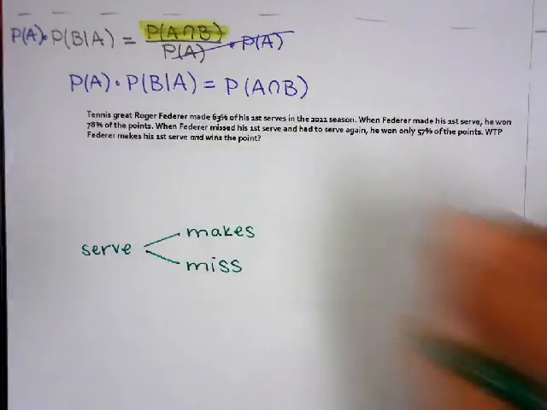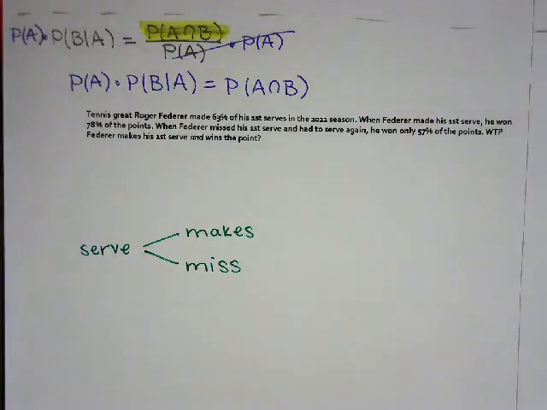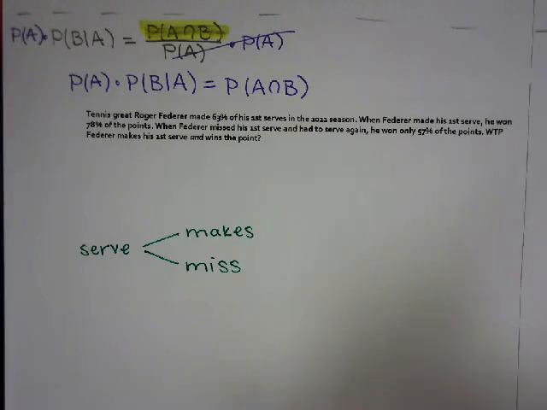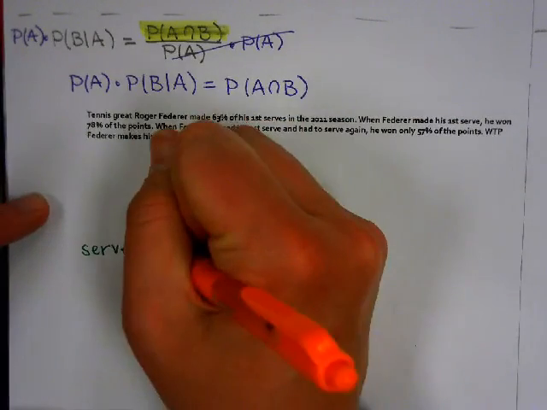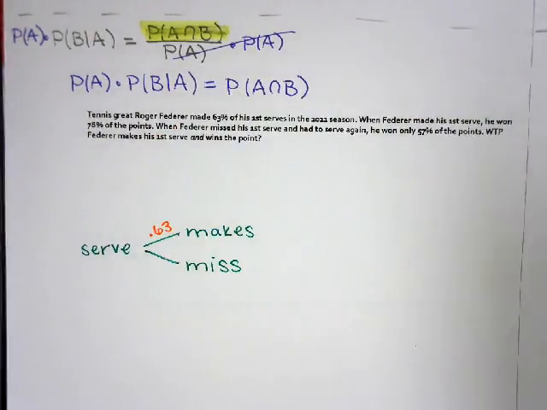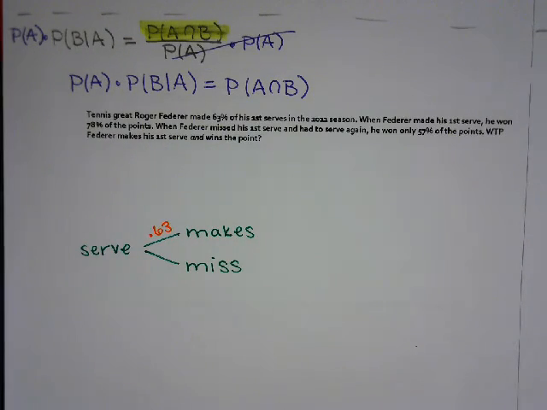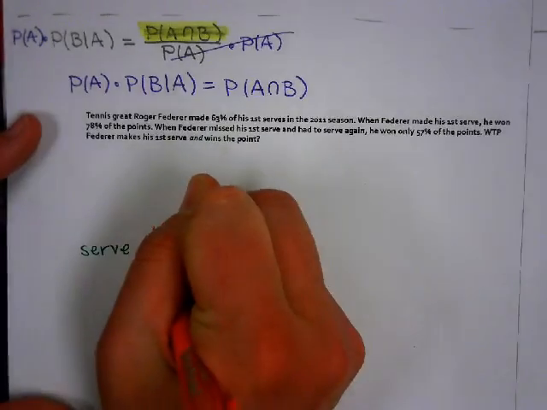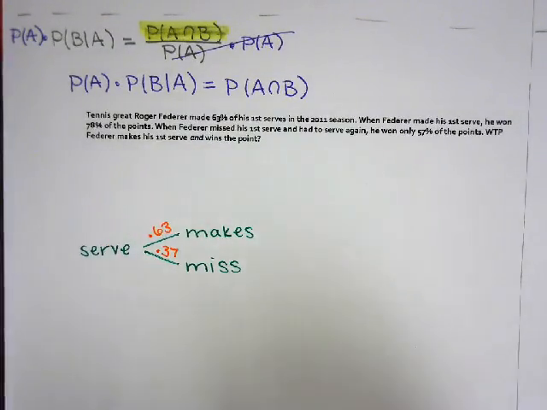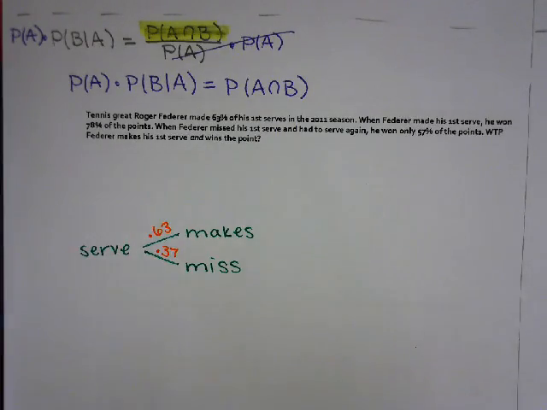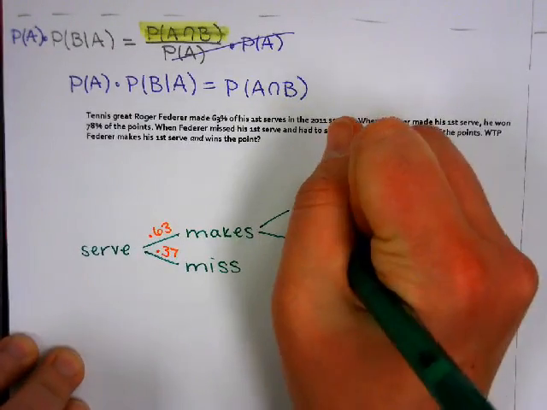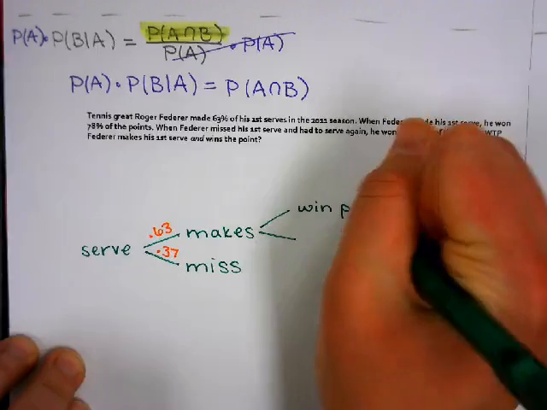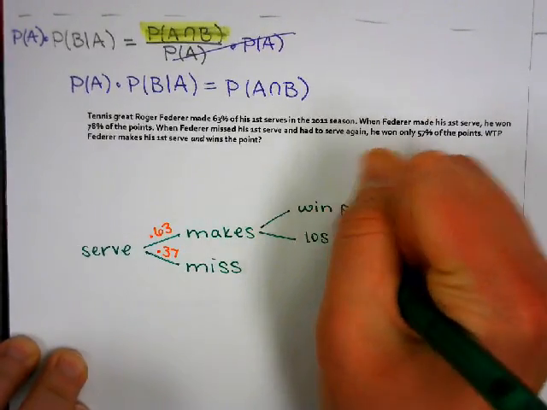He makes it 63%, so the miss is 37. And then the other part is winning the point. So he wins the point, or doesn't win the point. I don't think in tennis they say they lose the point, but you guys get the idea.